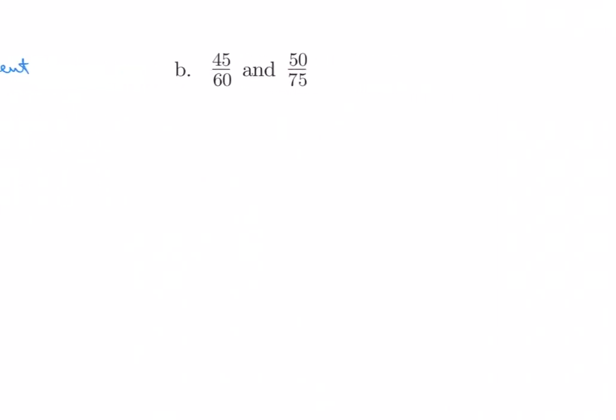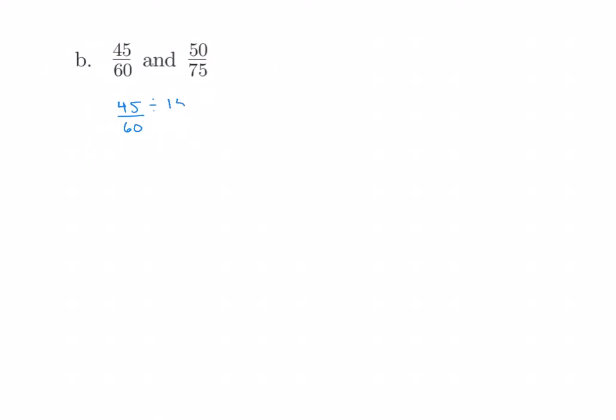All right, let's try one more. Example B, we have 45 over 60 and 50 over 75. So 45 over 60. Both of these numbers are divisible by 15. And if we divide by 15, we get 3/4. 50 and 75 are both divisible by 25.